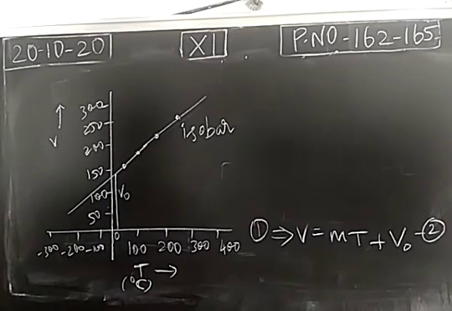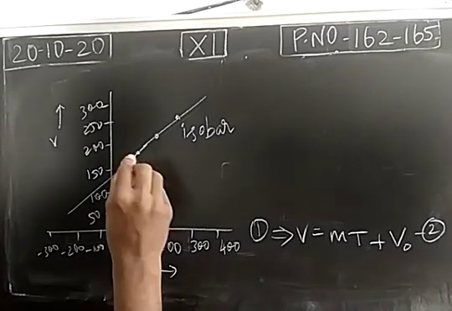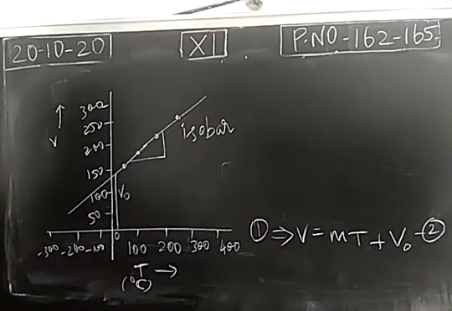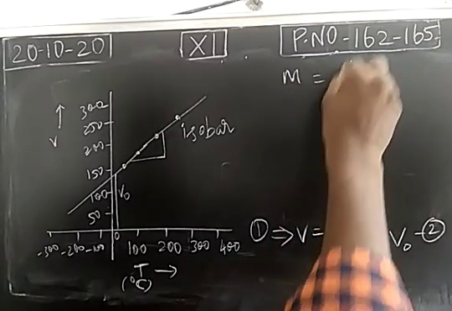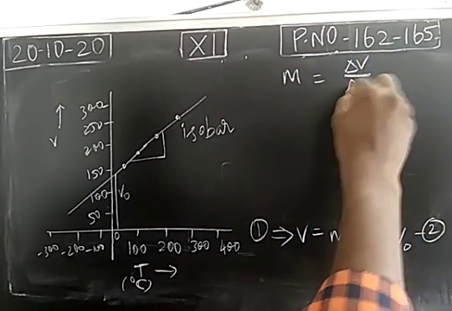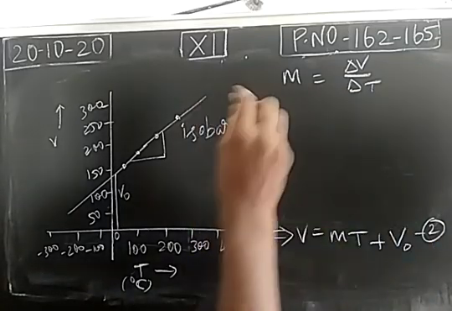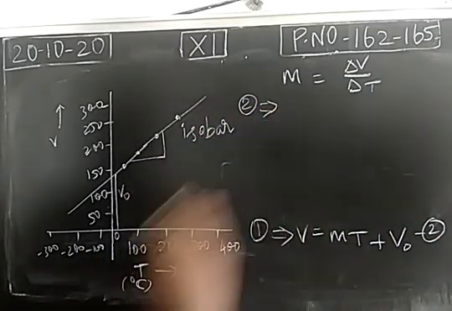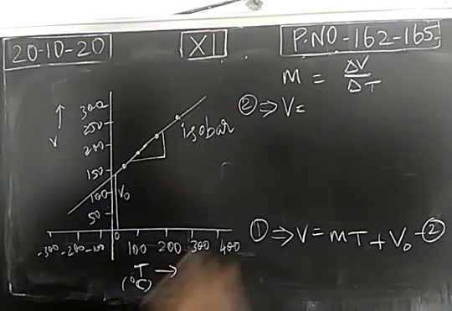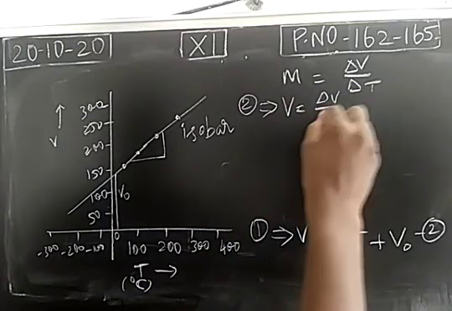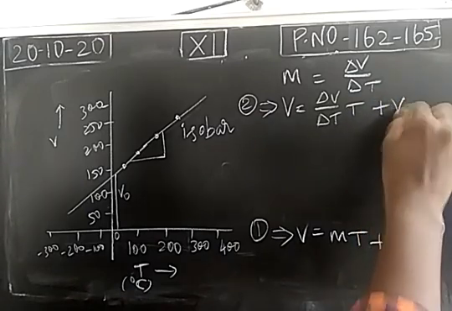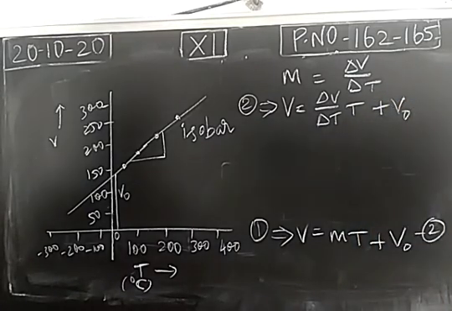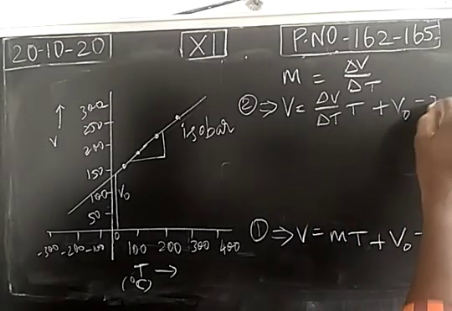Okay. Since we get a straight line, we can calculate the slope value. The slope value m is equal to delta V by delta T. Just substitute in equation number 2: V is equal to delta V by delta T, T plus V0. Then this equation is taken as 3.